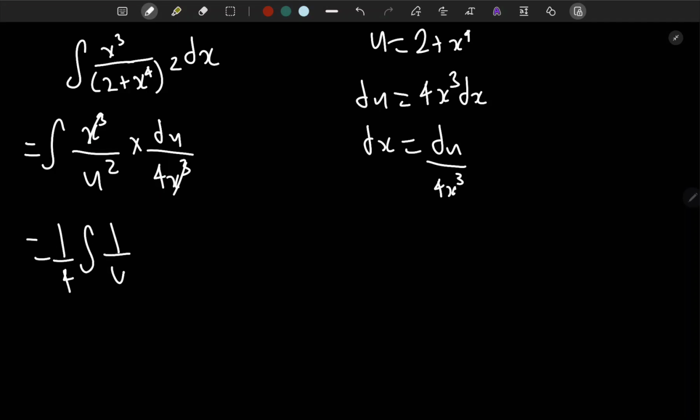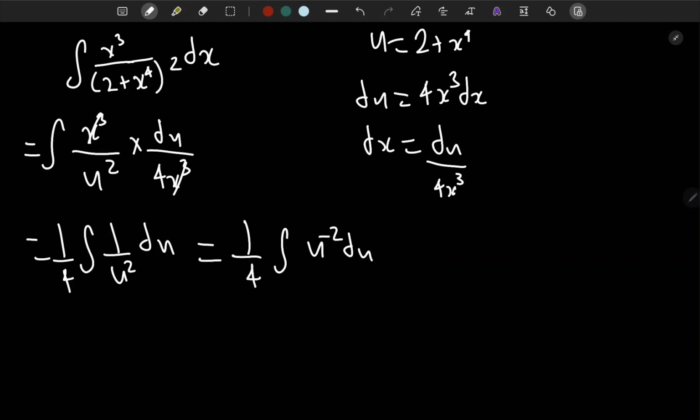Integration of 1 over u squared du. And now we can bring this u squared up, so it will be 1 over 4 integration of u to the negative 2 du.